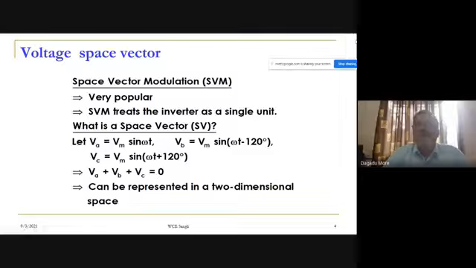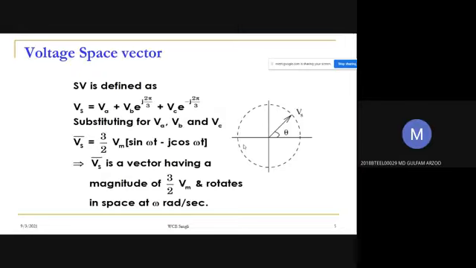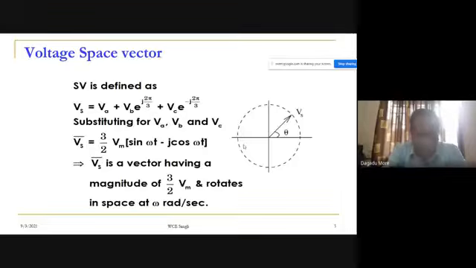Is the magnitude of the space vector changing? No, sir. The magnitude remains fixed. What is the amplitude? Its amplitude is 3 by 2, that is 1.5 Vm. What is the meaning of Vm? Vm is the peak value of the phase voltage.